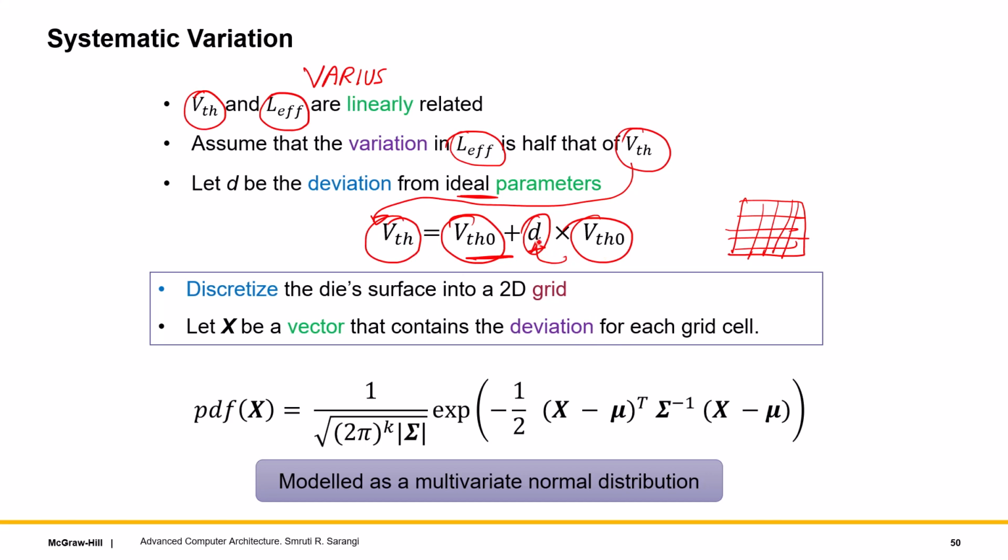If it's, let's say, 0.1, it means it's 110% that of the baseline. If you have n square grid cells, X will have n square elements, right? It will be one huge column vector with n square elements, where each element contains the deviation.